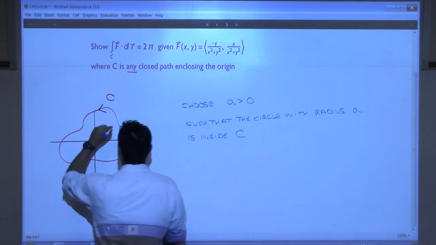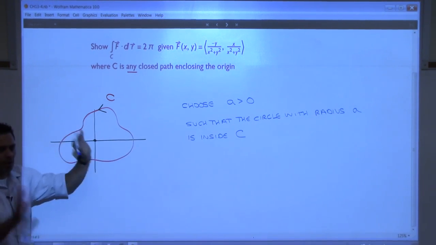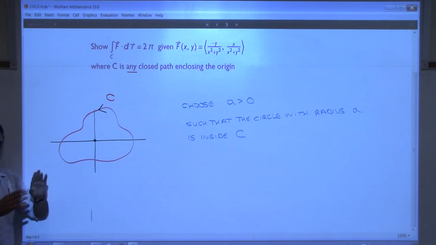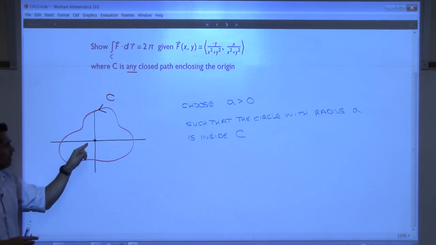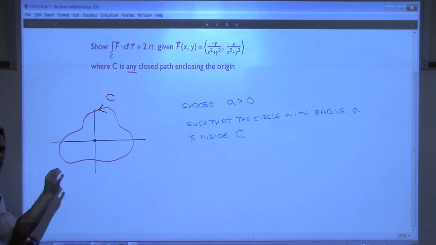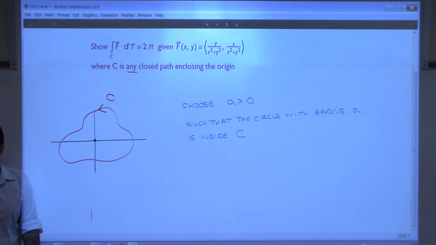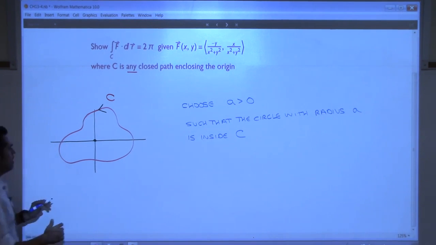If somebody draws any curve where the origin is inside of it, but not on the edge of it, can I choose a small enough circle so that I will be inside that curve? Yes, the answer is yes.